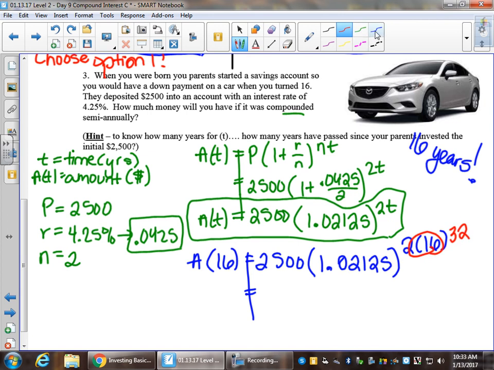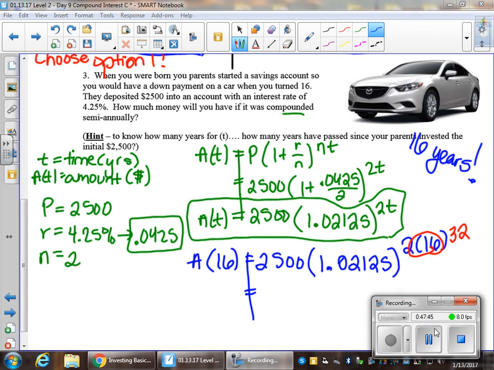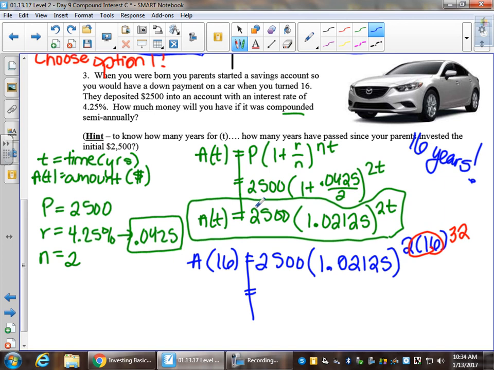So that's 2,500 times, oh, well, I don't have to rewrite this. Just tell me what you get in the calculator. What do you get? $4,899.